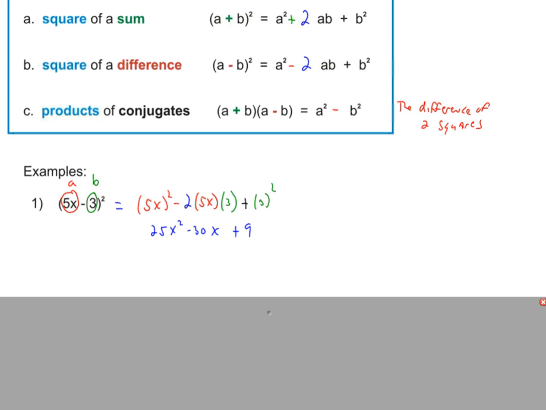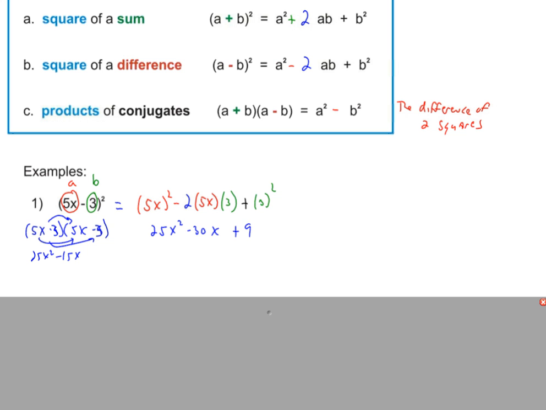Now, in all honesty, you could take this binomial, write it out, and just multiply it out. So again, you might say, well, which one's easier? Well, look, 5x times 5x is 25x squared. 5x times a negative 3 is a negative 15x.